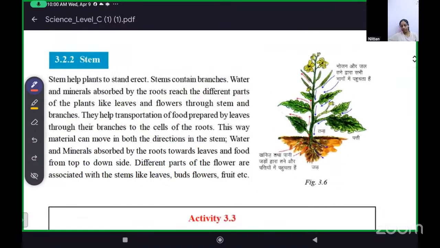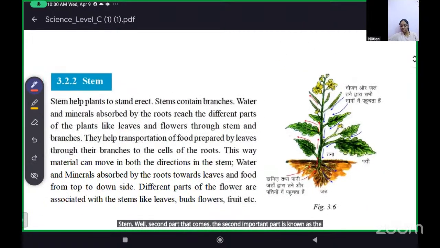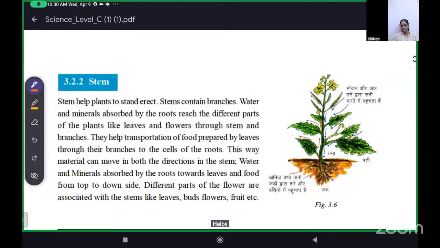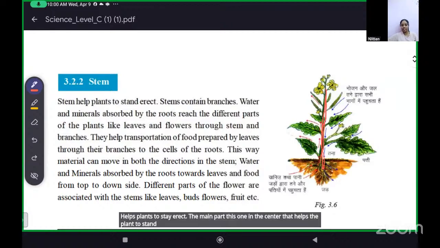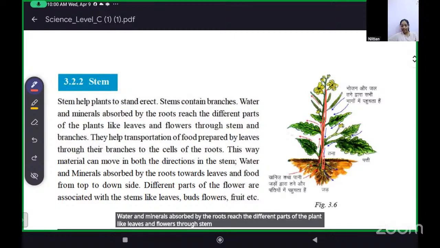Stem. The second important part is known as the stem. Stem helps plants to stay erect. The main part at the center that helps the plant to stand is known as its stem. Branches of the plants are attached to this stem. Water and minerals absorbed by the roots reach the different parts of the plant, like leaves and flowers, through the stem and branches.